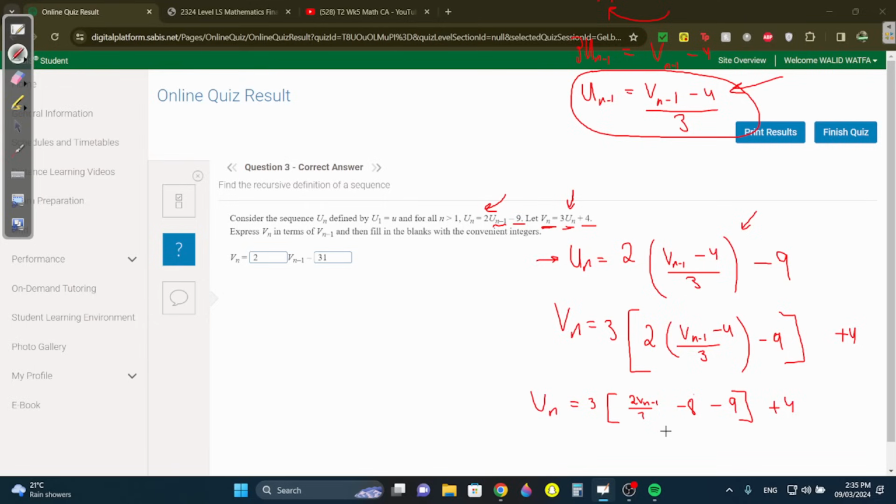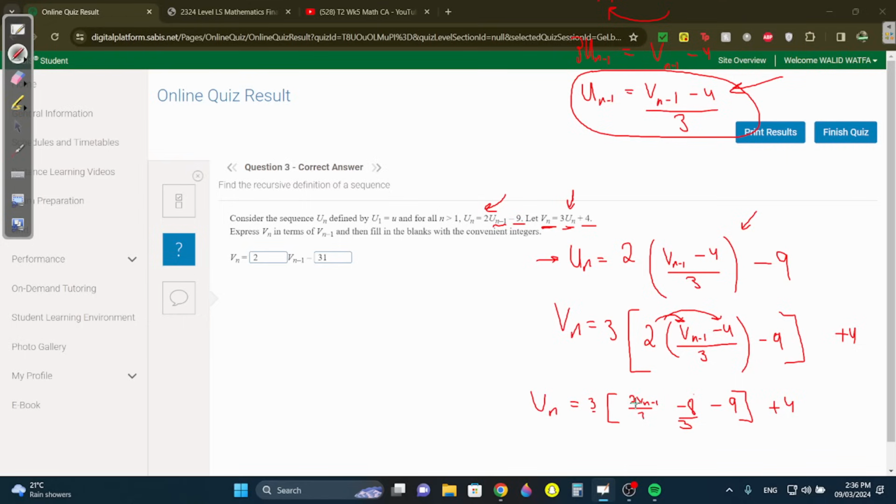Let's distribute. Yeah, I did something wrong. This 4 is actually over 3. It's going to be minus 8 over 3 here. Because 2 times minus 4 over 3... We said it's 2Vn minus 1 over 3, right? Then 2 times minus 4 is minus 8. And don't forget the over 3. Okay. Now I think we should be able to simplify.